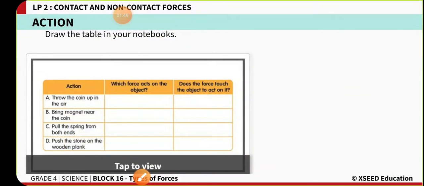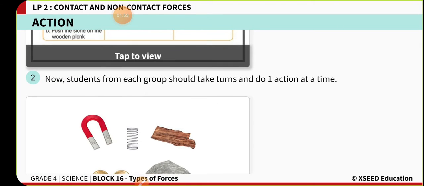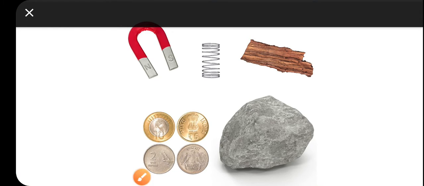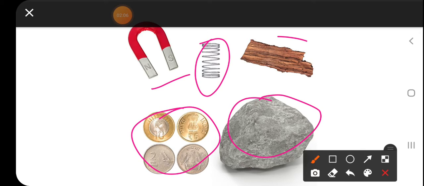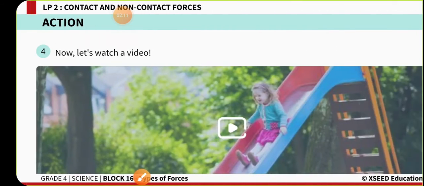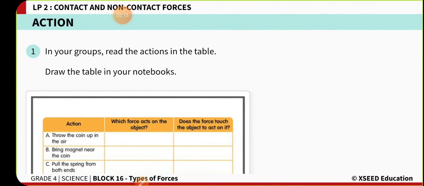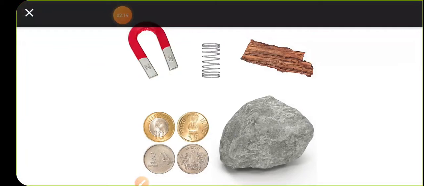After copying this, to do this activity you need these materials: a bar magnet, a spring, some coins, a stone and a wooden block.